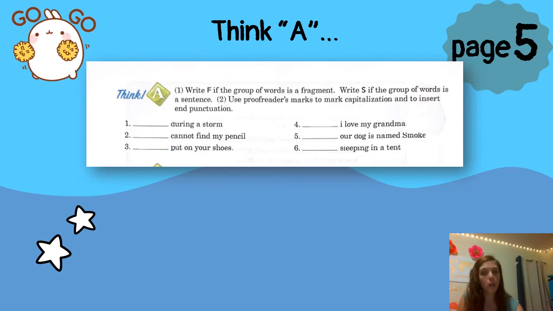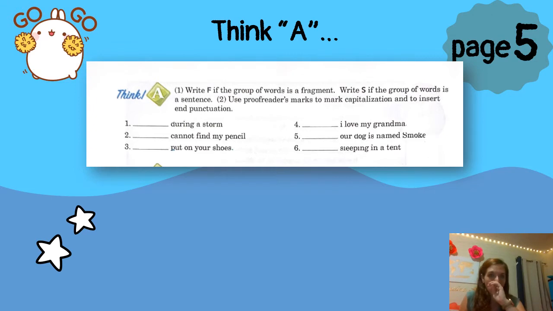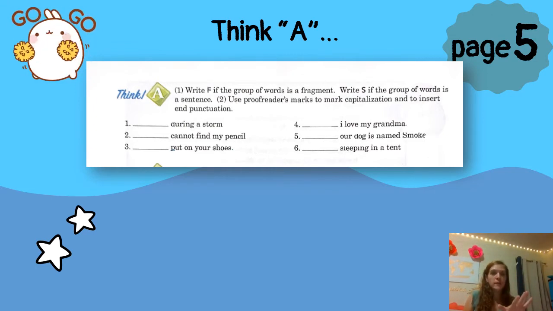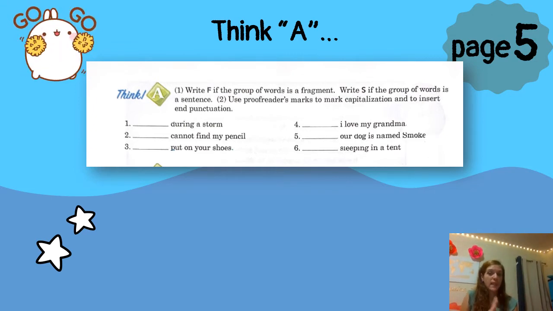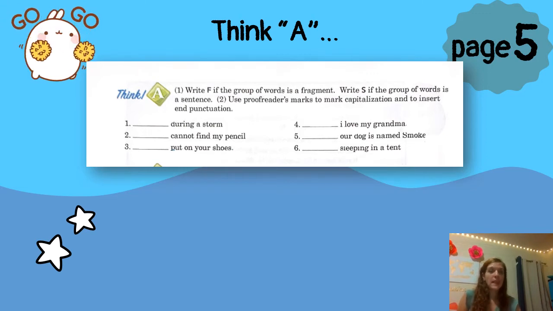So the one I want to work on with you guys is, now that you guys have done this many times, okay, what are you going to do? You're going to look at number 1. You're going to read it. During a storm. Durante una tormenta. Is that a complete sentence?